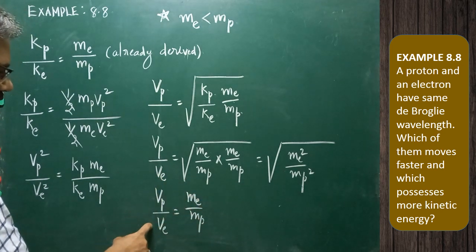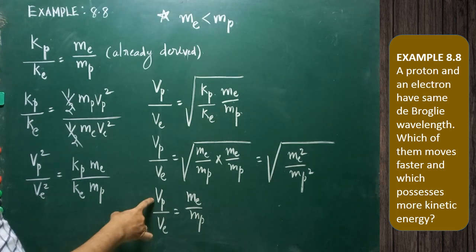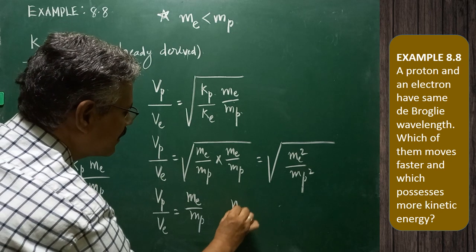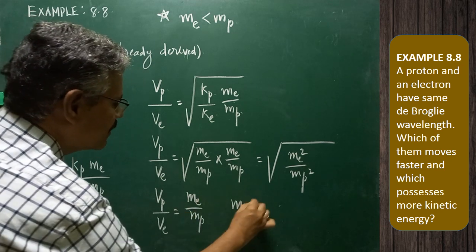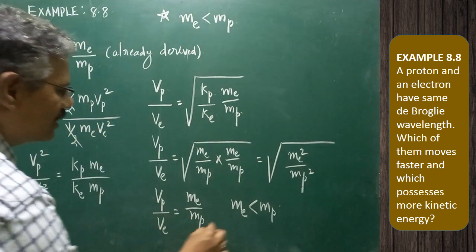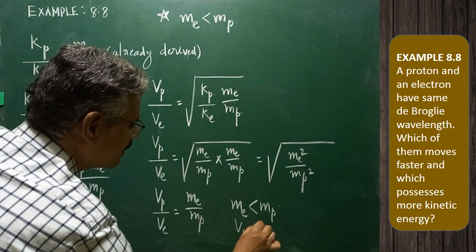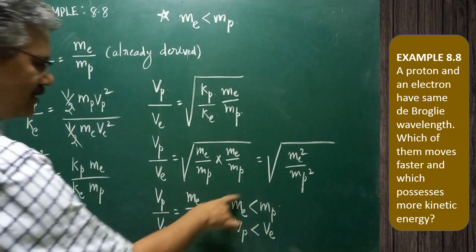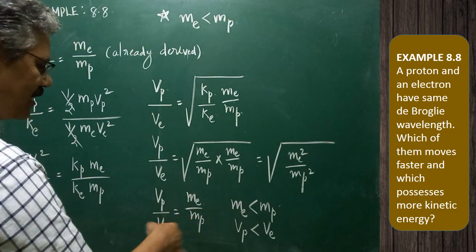The same thing we get here also. So from this expression we can write Me is lesser than Mp. In the same order, Vp is lesser than Ve. This is the conclusion arrived from the expression.